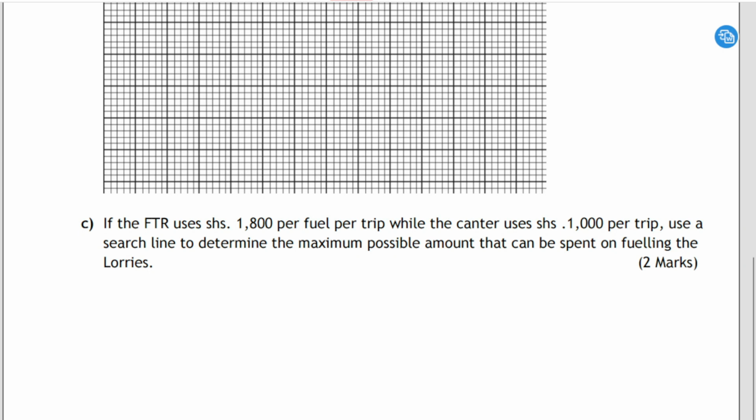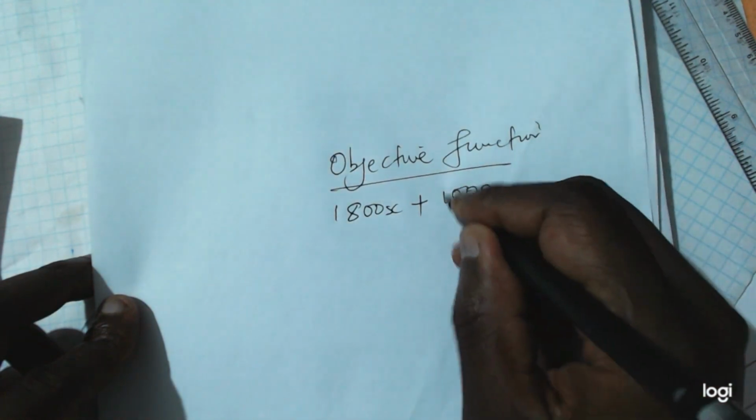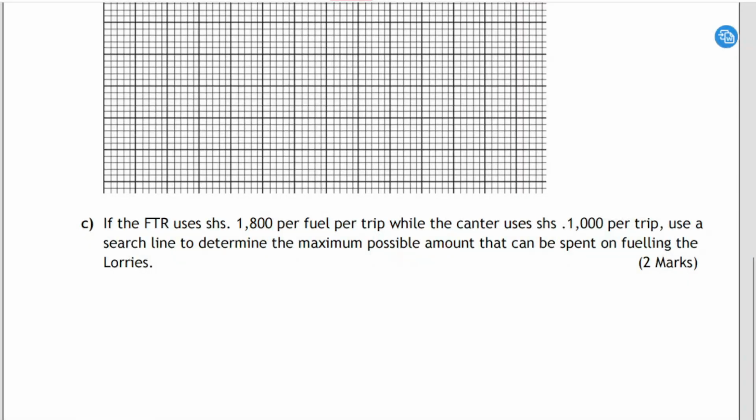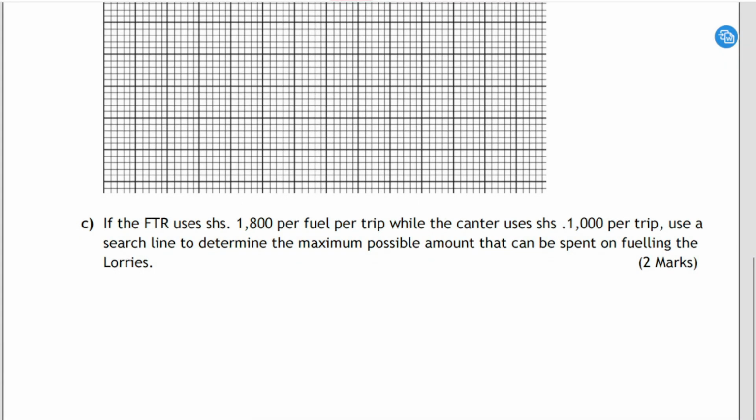Remember the trips made by the Canter were y. So the fuel amount will be 1,000 times y. This is what is going to give us the cost of fuel. This is what we call the objective function, and this is what you're going to use to determine the maximum possible amount spent on fueling.